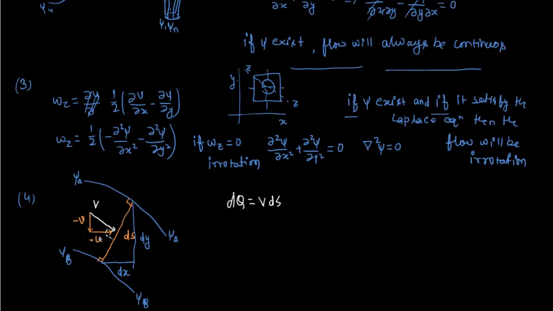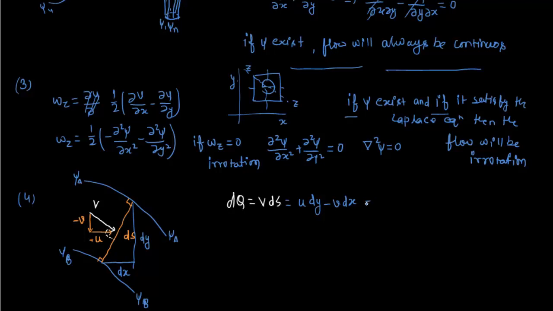Now let's take a look. u is perpendicular to dy, so we can write the discharge as u dy, positive u dy, and minus v is perpendicular to dx, so we write minus v dx. Again, u is perpendicular to dy, so I'm writing u dy, and v is along dx in the negative direction, so I'm taking minus v dx.